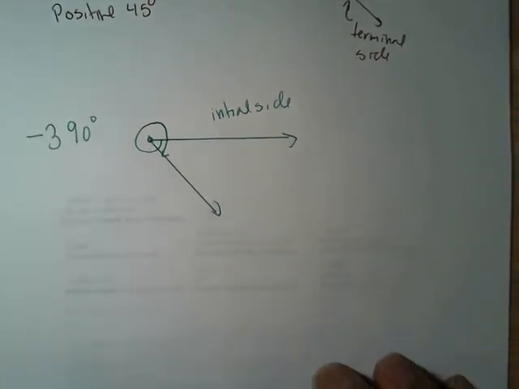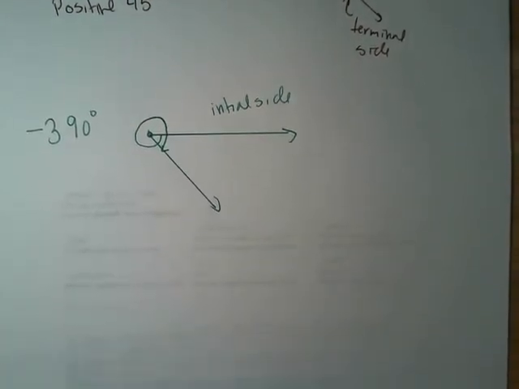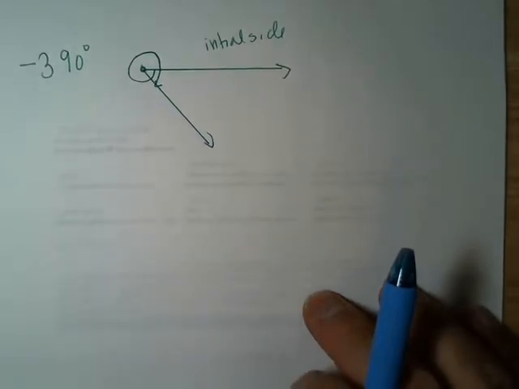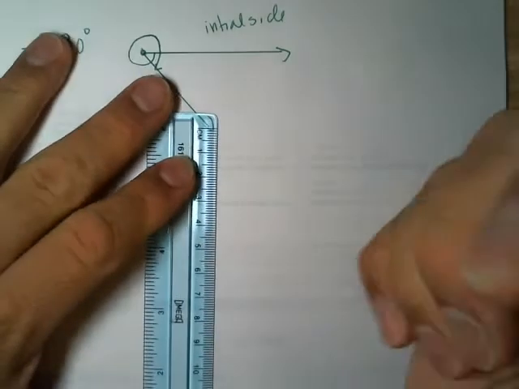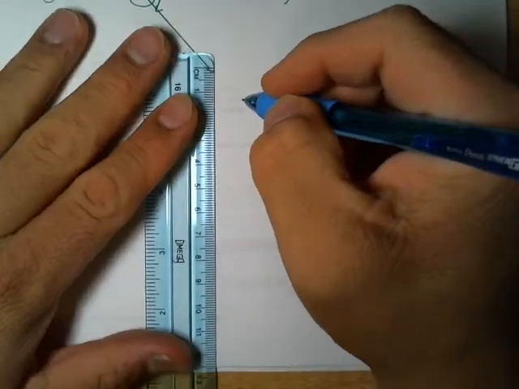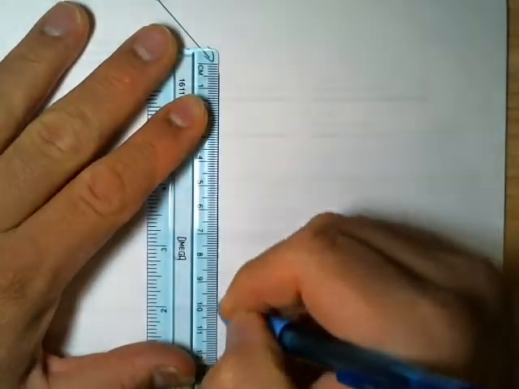Now the next thing is, let's merge this idea of an initial side with our coordinate system, our Cartesian coordinates, the XY plane.